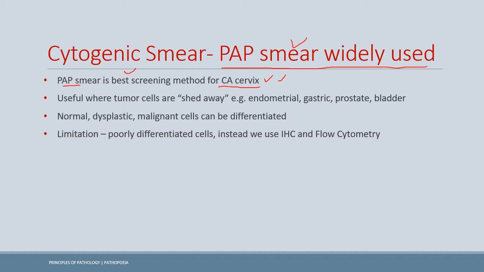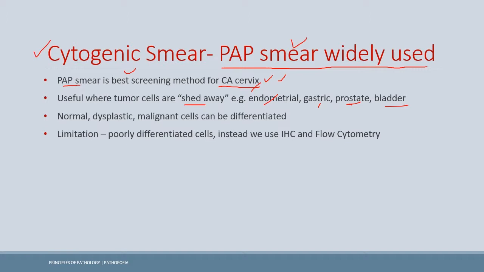Now, the cytologic smears can also be used. The idea here is that cells usually shed away, as in the cervix, the endometrium, gastric cells, prostate cells, or bladder cells. These cells are periodically shed, and because of this property we are able to make a smear.